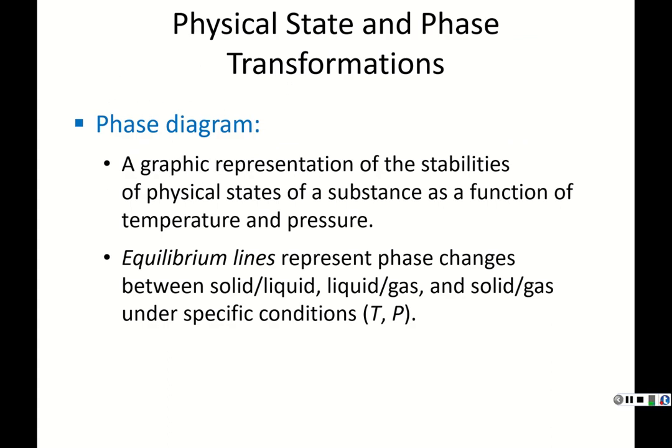So one of the things that's helpful when looking at phases and phase changes of a particular substance is a phase diagram. This is a graphic representation of the particular phases that you will find in that substance at a given temperature and pressure.